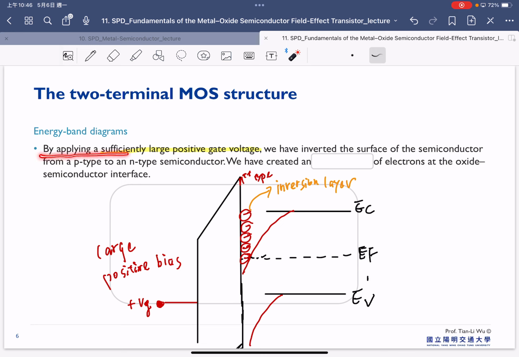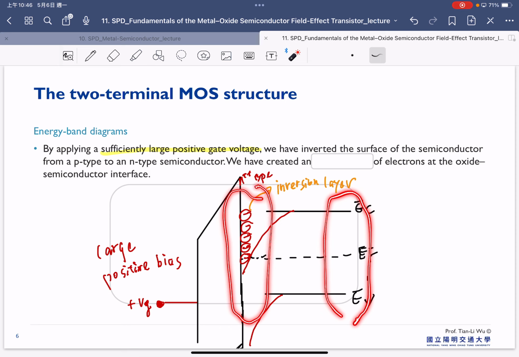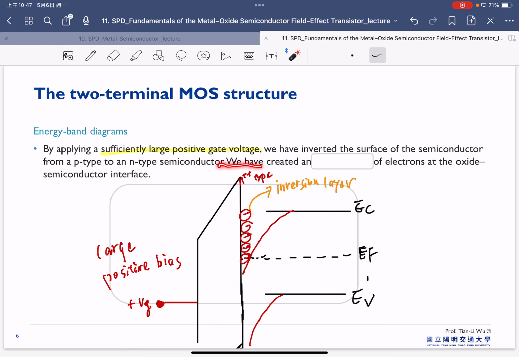So by applying a sufficiently large positive gate bias, we have inverted the surface of the semiconductor from P-type. Originally this is P-type; now this interface becomes like an N-type semiconductor. So we have created an inversion layer of electrons at the oxide-semiconductor interface.